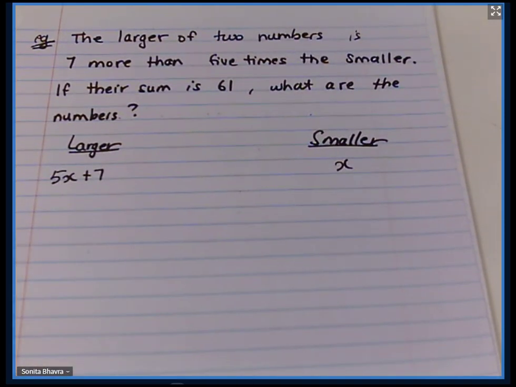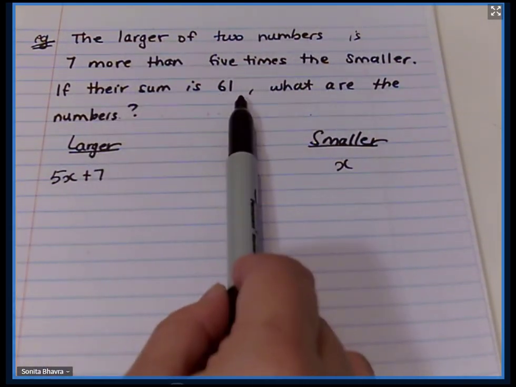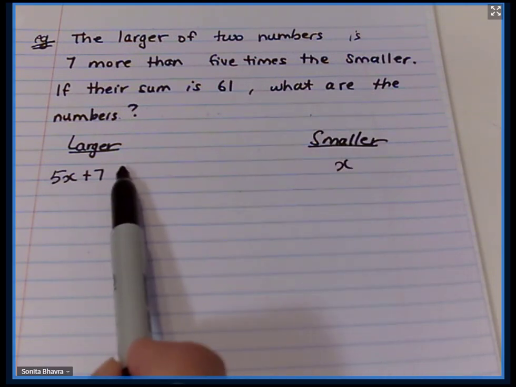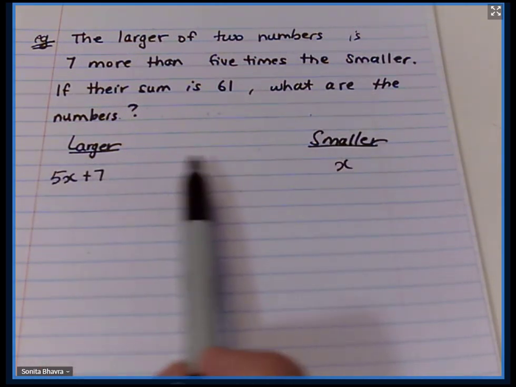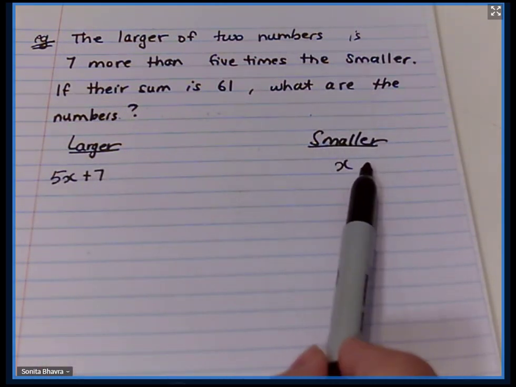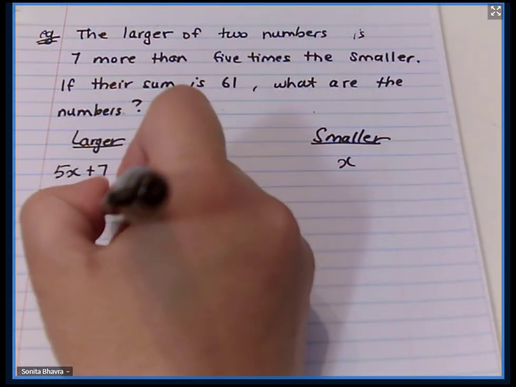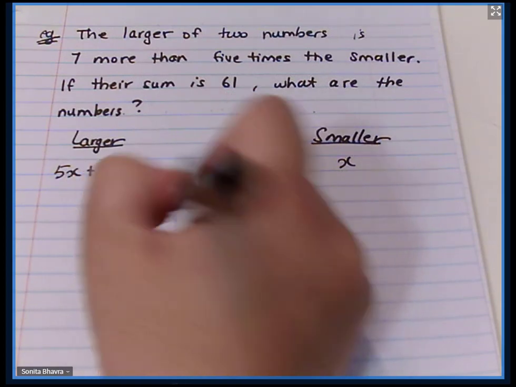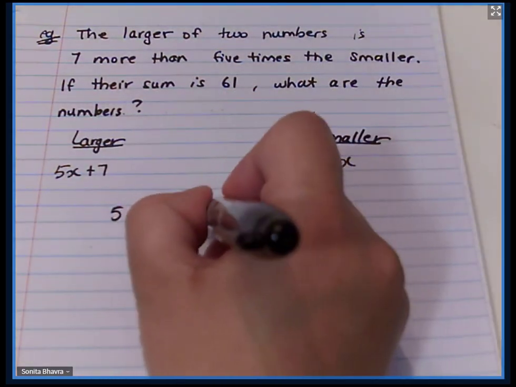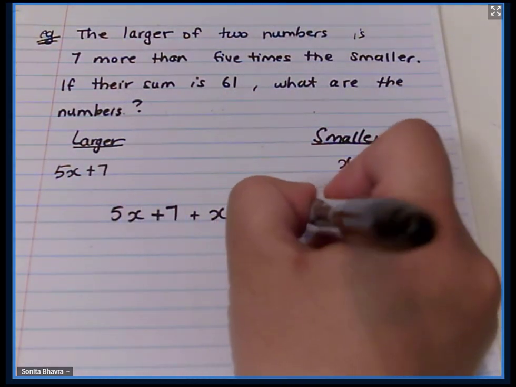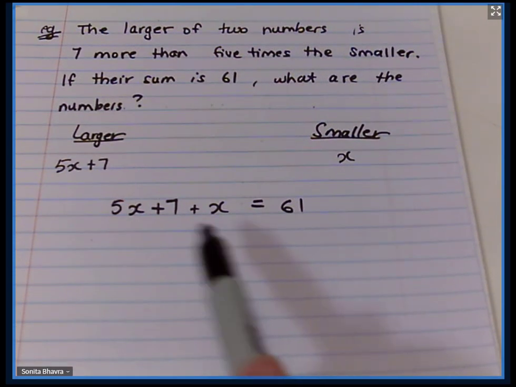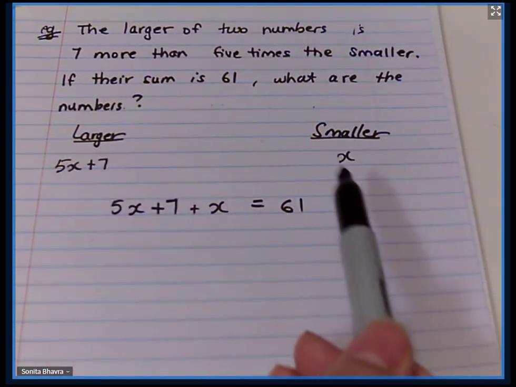Now, if their sum is 61, we have to take 5X plus 7, add it with X, and the sum is 61. So we get 5X plus 7 plus X is equal to 61. Make sure you add both the numbers.